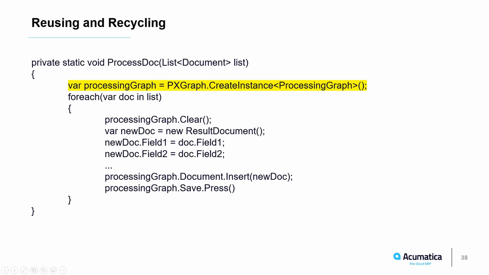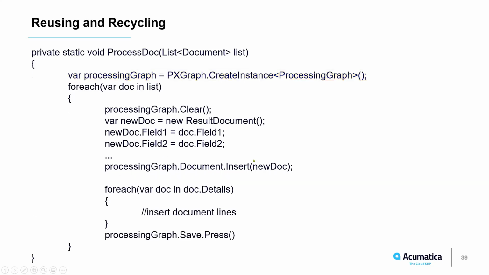Okay, so we are using the graph now. Let's say here's another code example. And here, compared to the previous one, what I have added is a for each loop that inserts document lines here. What can go wrong with that one?